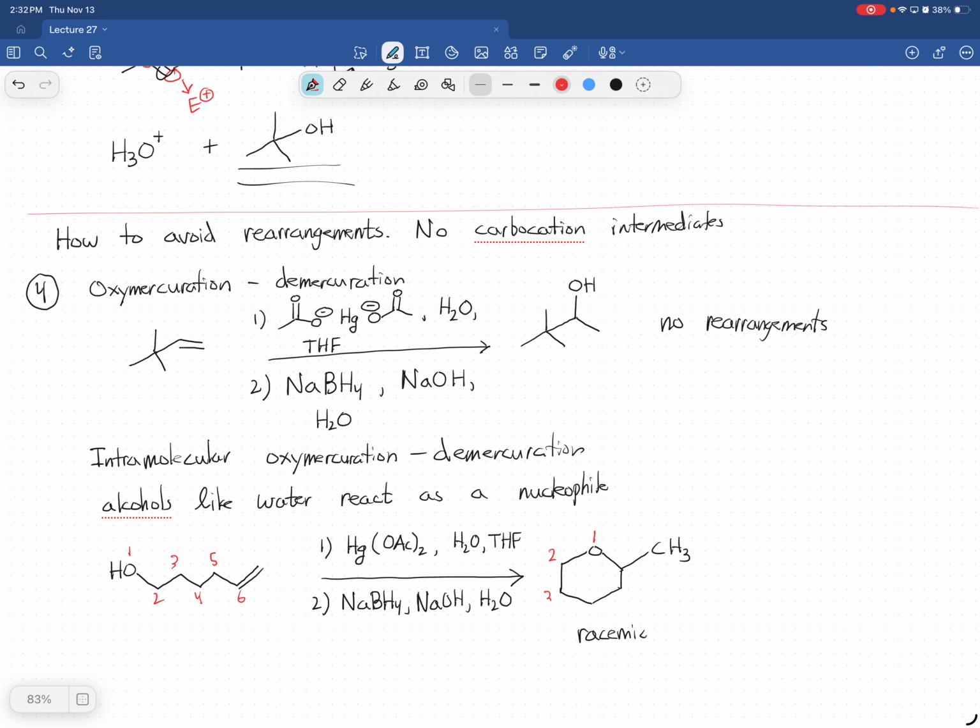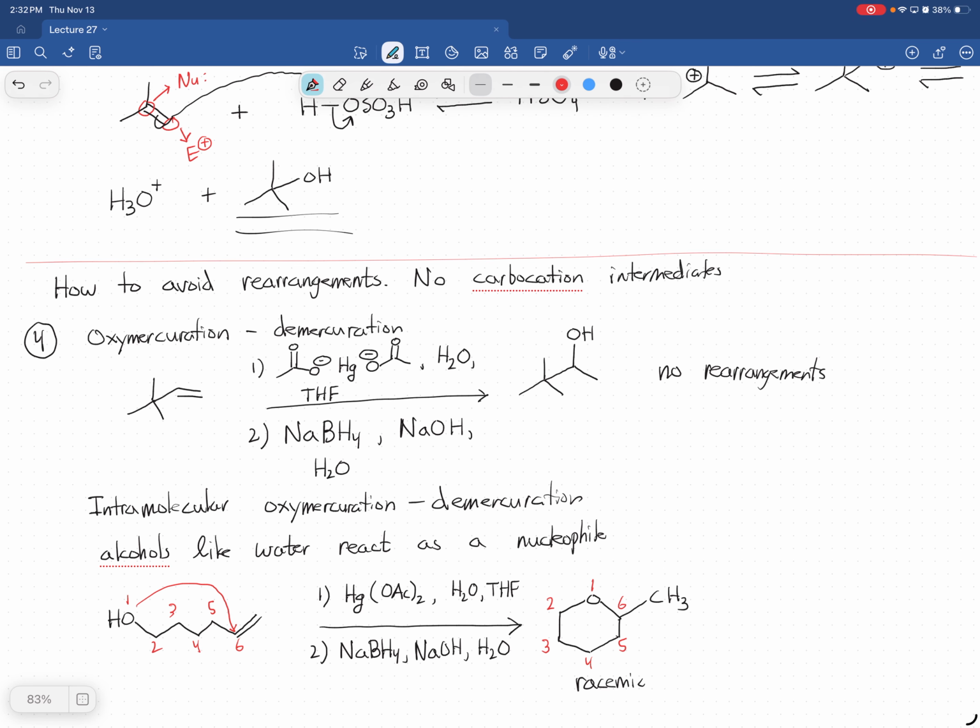One, two, three, 4, 5, 6. So see, the oxygen here came around and attacked this group. Okay, so that's how the ring formed. So the water here doesn't actually do anything. Usually it will attack and you'll get your alcohol, but it doesn't do that in this case. So you can have some interesting reactivity here. All right, so that's good.